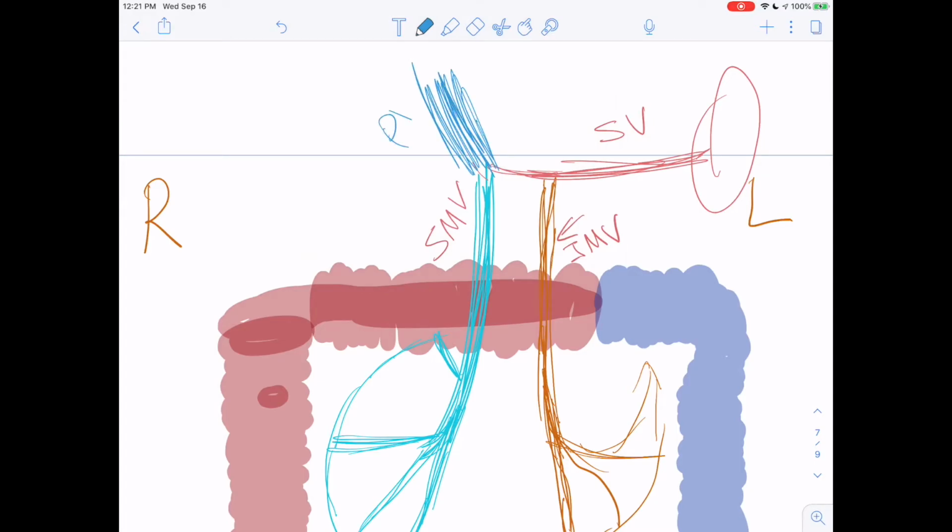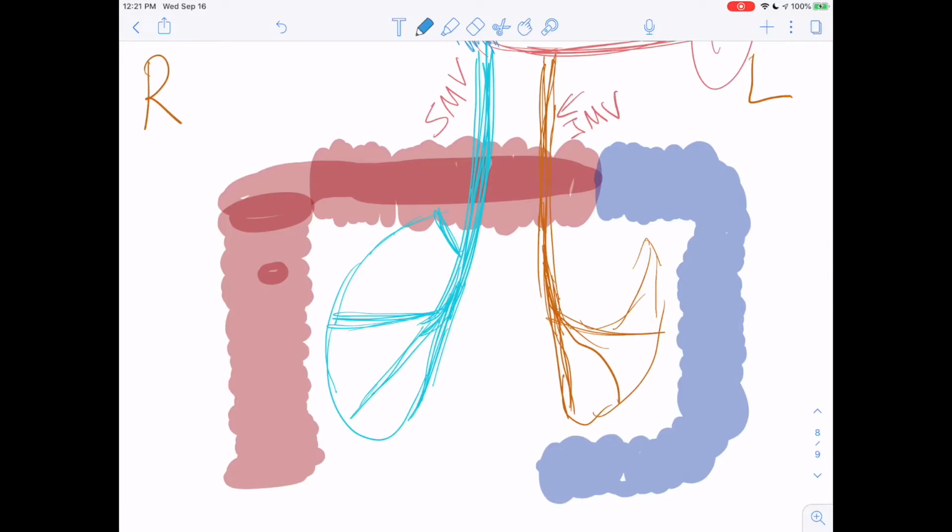So it's a portal vein. So as we just said, all the drainage of these areas and many more would go to superior mesenteric vein and inferior mesenteric vein, right?